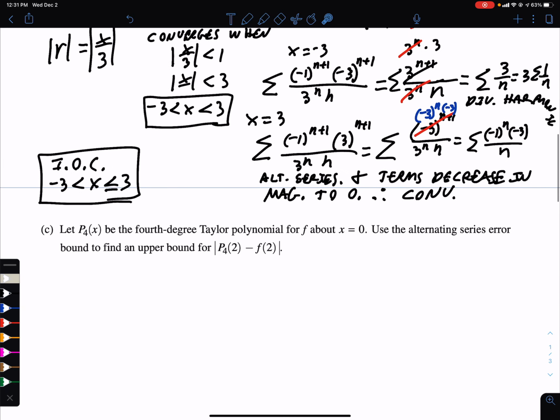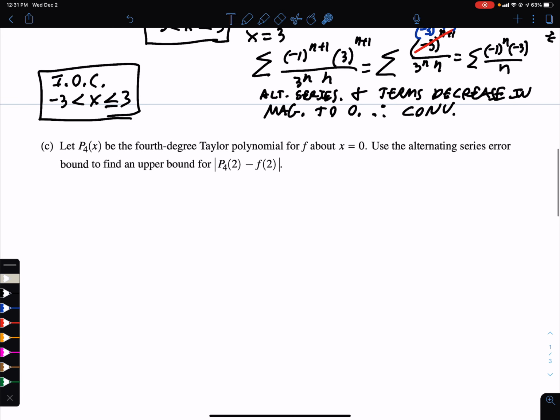All right. Part C, P4 is a fourth degree Taylor polynomial. Using the alternating series error bound, use the alternating series error bound to find an upper bound for, and this is the actual value, this is the approximated, so you subtract that, that's the error.